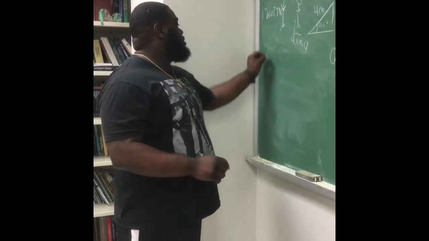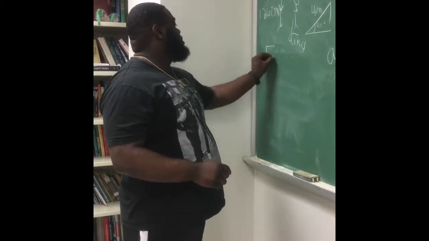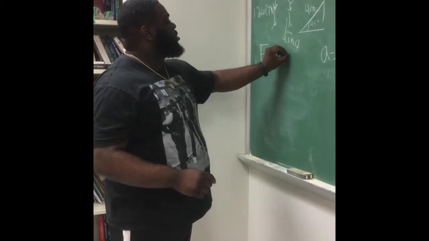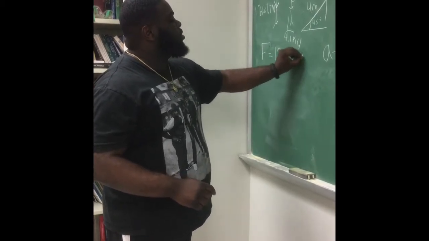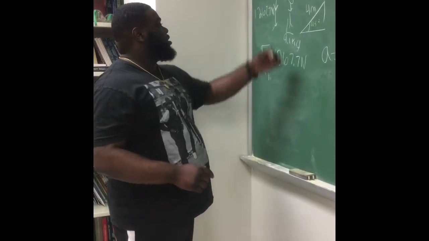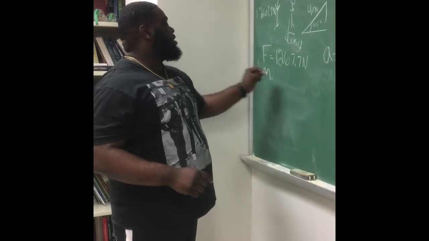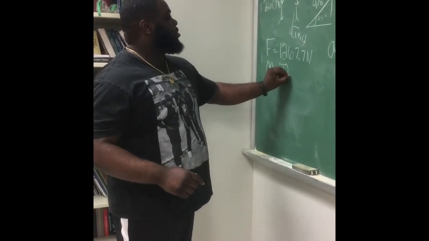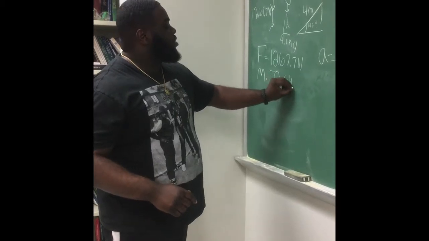All right, so we have all our givens and we have a couple of unknowns, right? One of our givens is the force, which is equal to 1,267.7 newtons. Then we have our M1, which is the human that is getting the force exerted on, which is 72.6 kilograms.